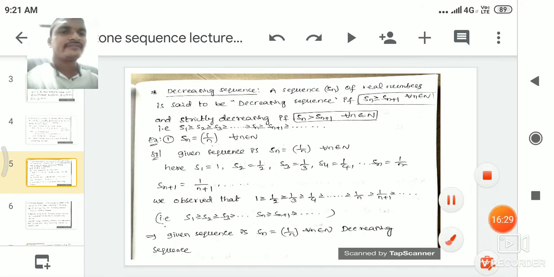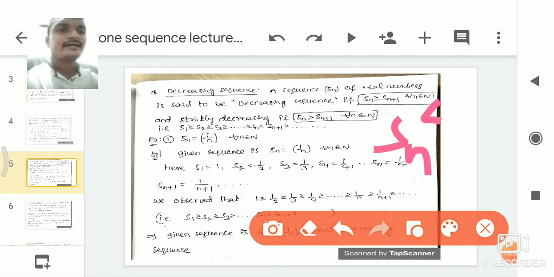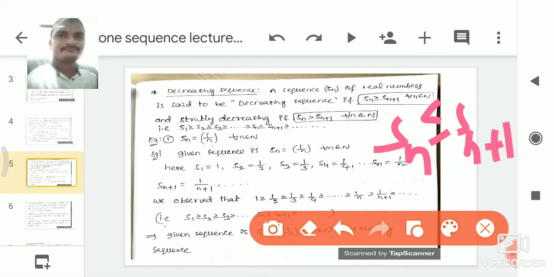So what is the definition of increasing sequence? Sn is less than or equal to Sn plus 1. So it is the opposite condition to increasing sequence. The definition of decreasing sequence is opposite to the definition of increasing sequence. A sequence Sn is said to be increasing if it satisfies the condition that Sn is less than or equal to Sn plus 1.